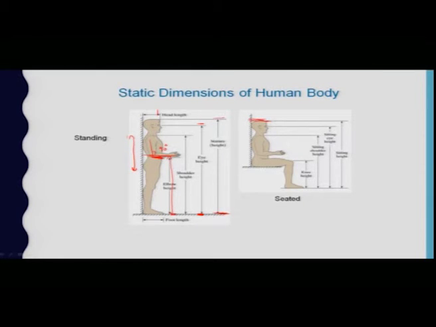This is the highest part of the head and this is the floor. So, the distance between the floor and the highest part of the head is known as sitting height.